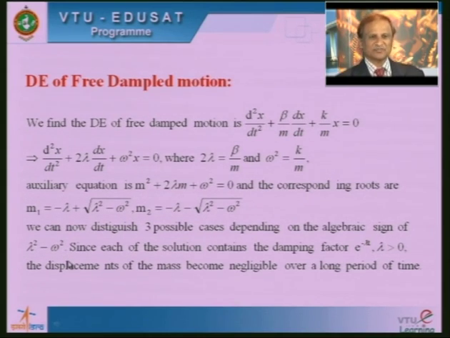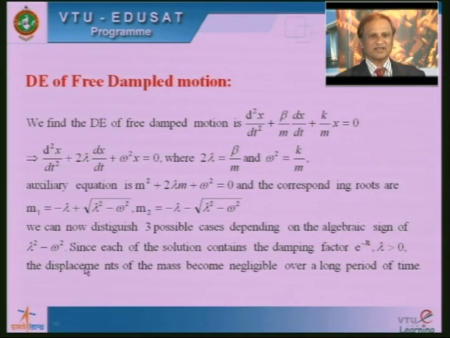Suppose it is greater than 0, then I have to think what type of roots I will get. I have already explained. If it is less than 0, what type of roots will I get? And if it is equal to 0, what type of roots will we get? We have already discussed all these cases.